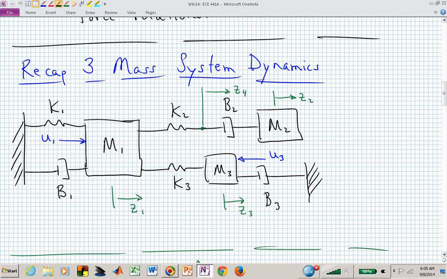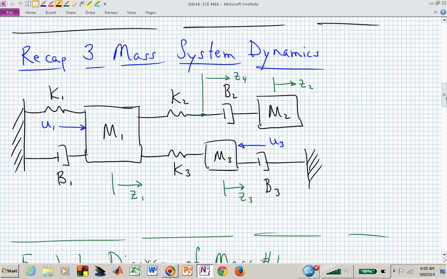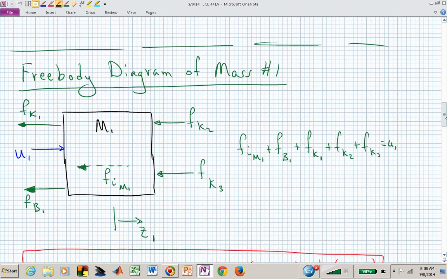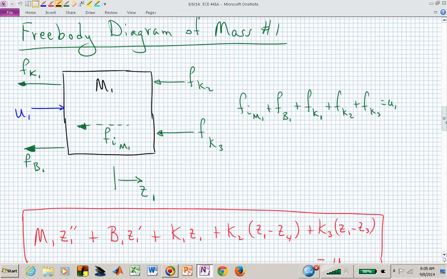The other one is locked in place. Contrast that with spring 2. It has two ends, but they can both independently move, and that's why it's important to keep track of which end is where relative to the other one to give us this positive quantity in our equations. I've had some questions on that.